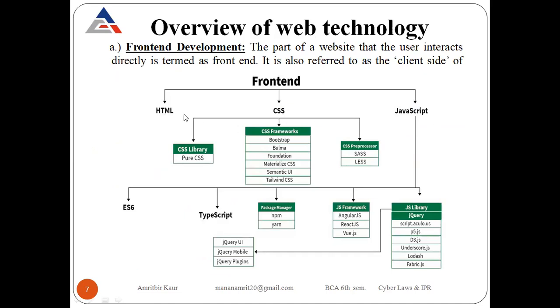HTML is used for designing purposes. These views are directly interacted with by the user. So front end development is the part of the website which is directly interacted with by the user, and HTML, CSS, JavaScript are included in front end development.